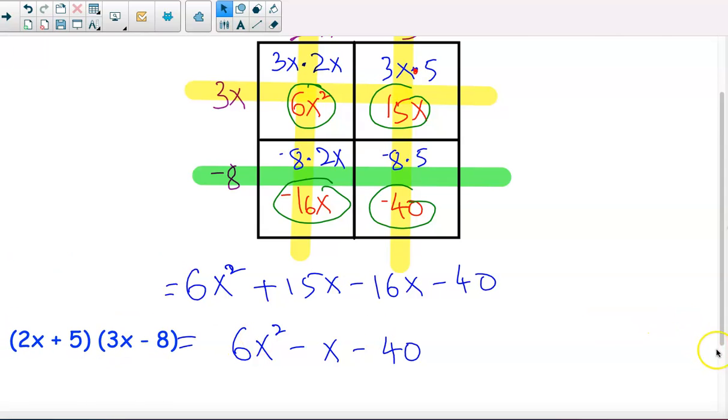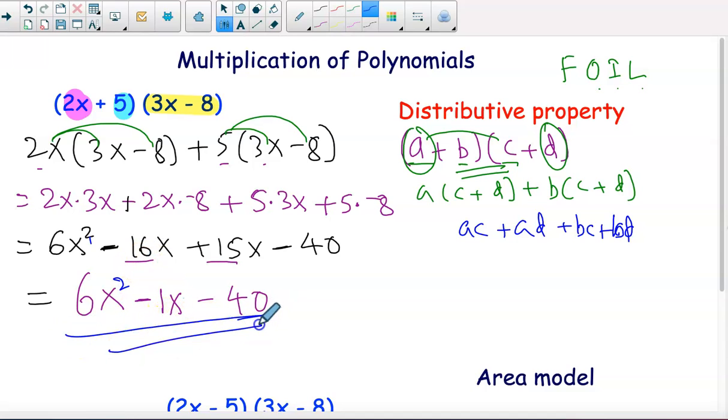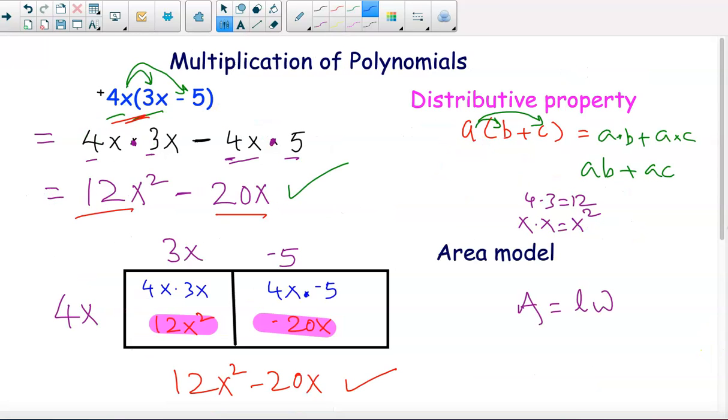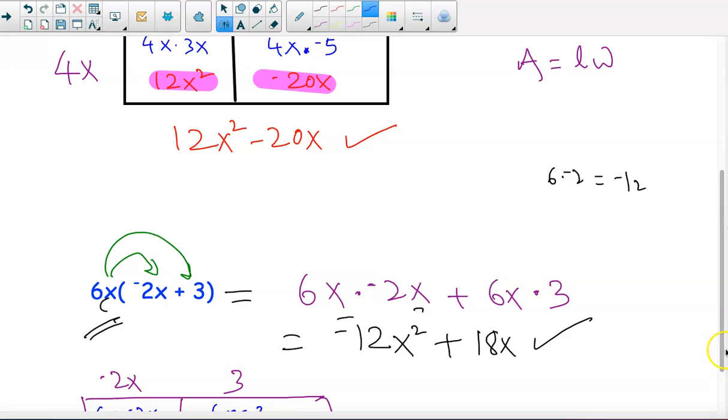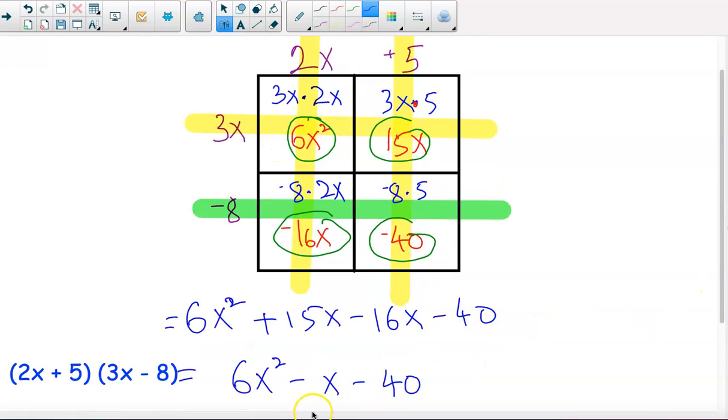And see, is it the same thing as in the distributive property? 6x square, oh I missed that x square here, 6x square minus x minus 40. This same answer you have up here. In this area model also, you have the same thing, right? 6x square minus x minus 40.